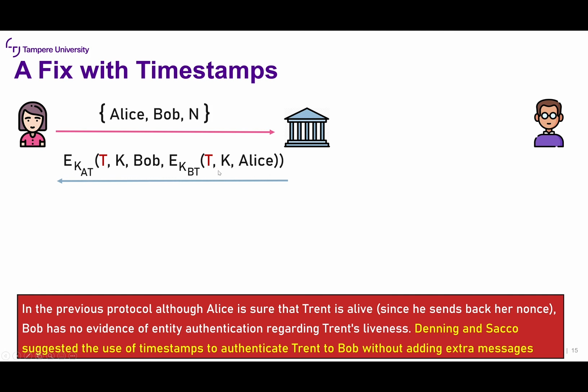And instead of just containing K and Alice, like in the original version of the protocol, it also contains the timestamp T, the time that Trent sent that message, right?